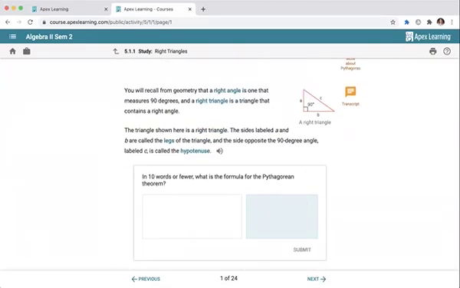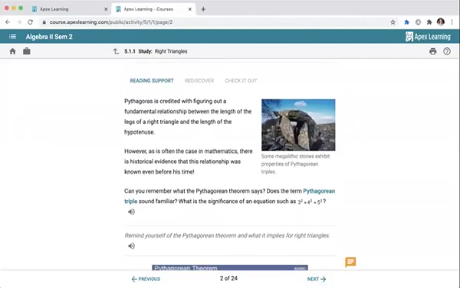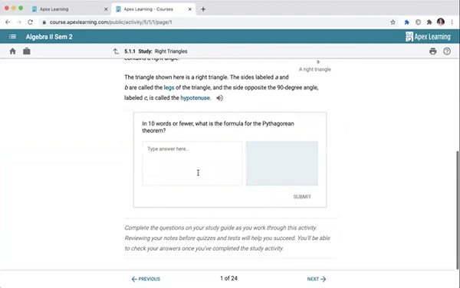All right, so our formula for the Pythagorean theorem is, oh, I thought they would show it there. I guess we've got to type it in here. Our formula for the Pythagorean theorem is a squared plus b squared equals c squared.